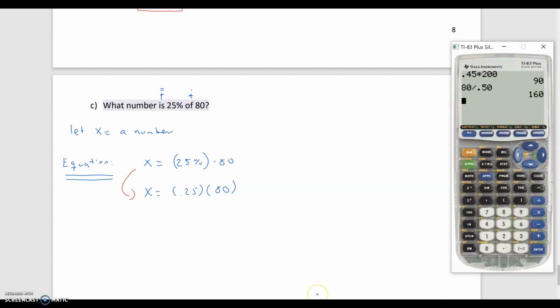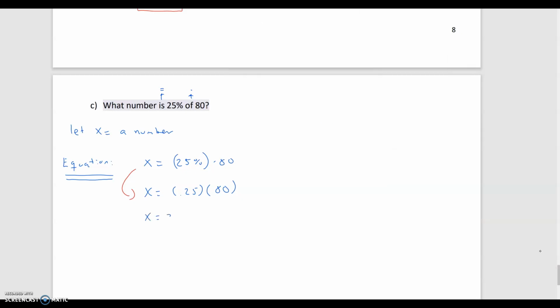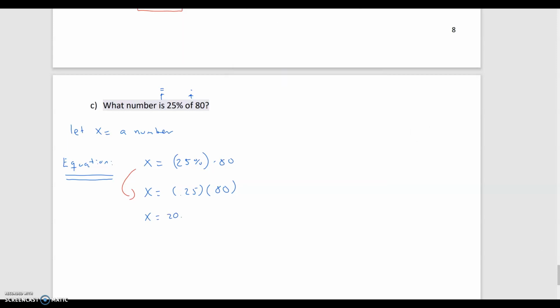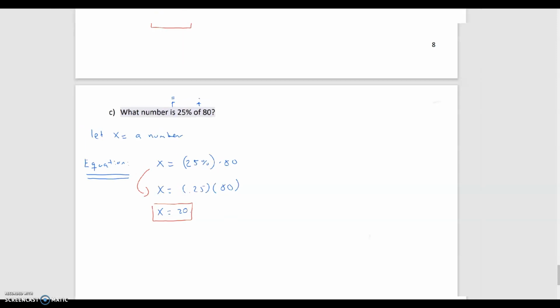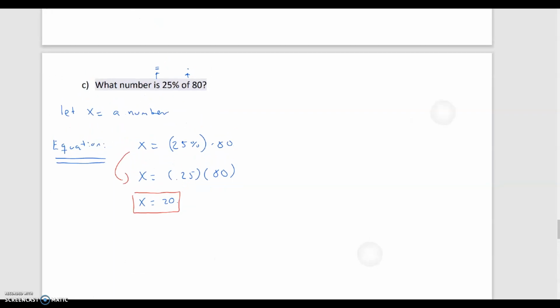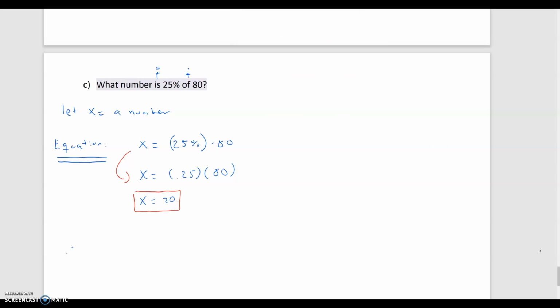Let me evaluate this. 0.25 times 80, we're looking at 20. And then let me write it as a sentence.